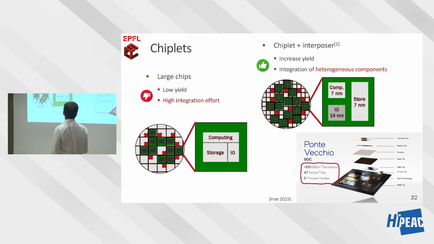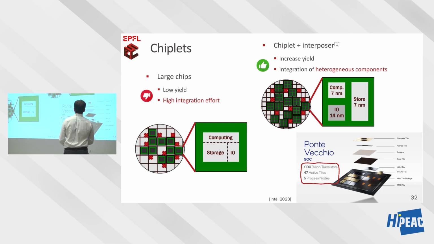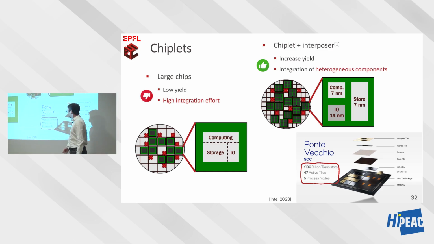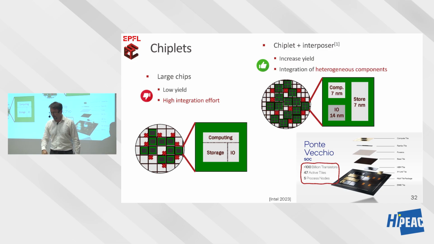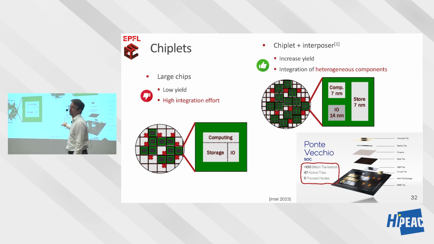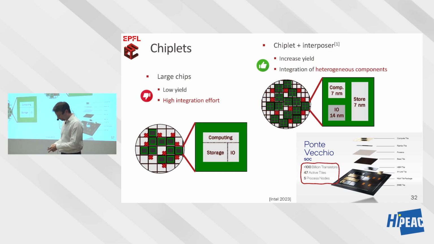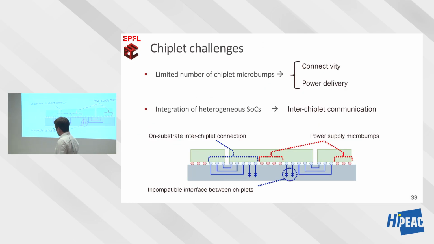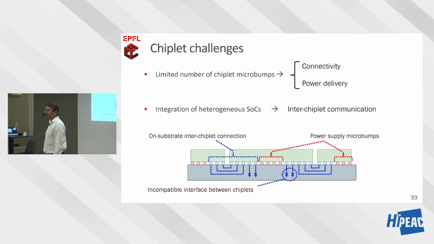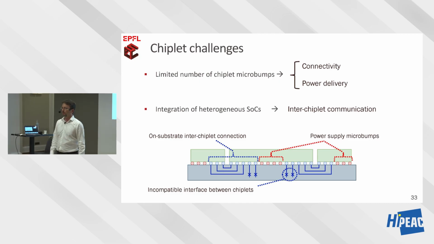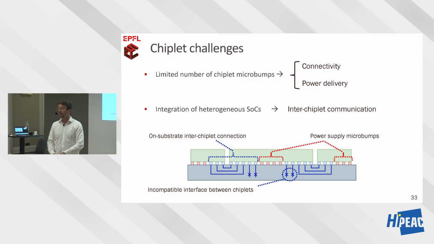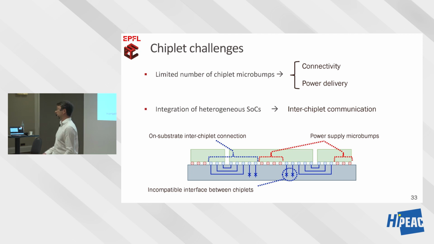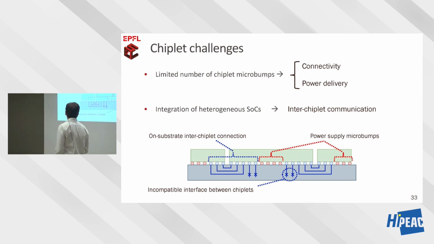An extreme example is the Ponte Vecchio system on chip, which is a beast of a chip, 100 billion transistors, 47 chiplets, and these 47 chiplets are fabricated in 5 different process nodes. So this is all fine, you can maximize your economic efficiency and your yield, but you also have challenges due to that.